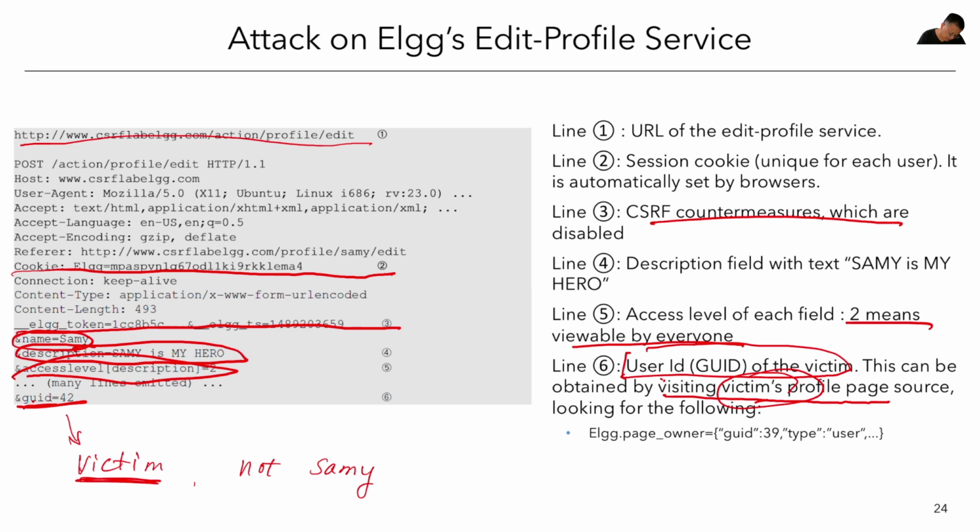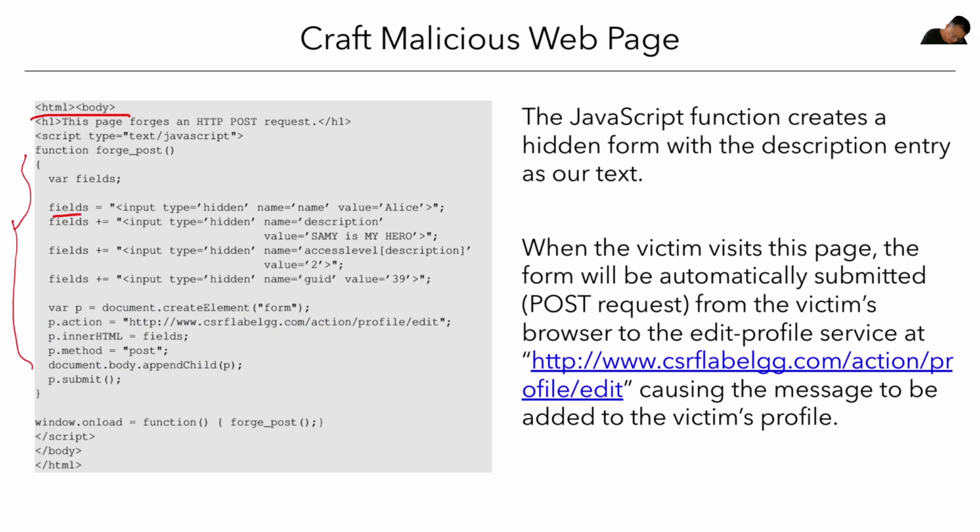So we have a number of fields, right? A hidden name will be Alice, and description. Sammy is my hero. Then access level will be 2, and also GUID will be 39. So the 39 will be the GUID of Alice, right?